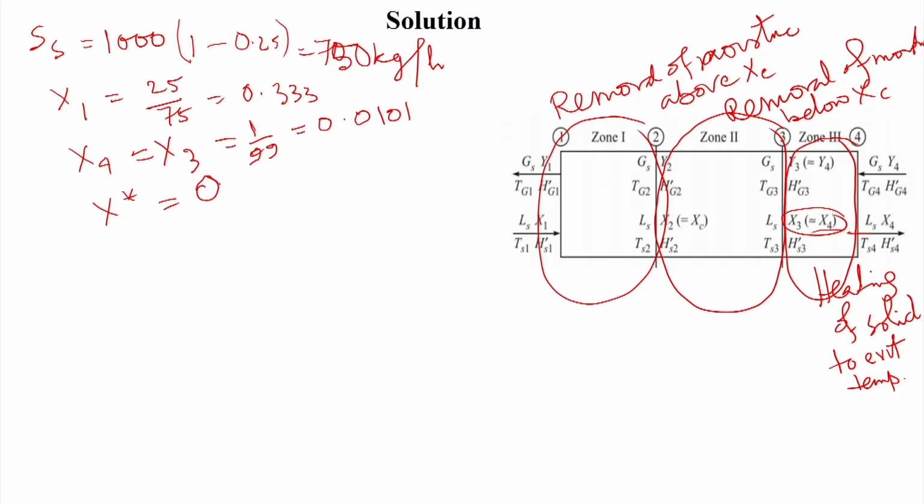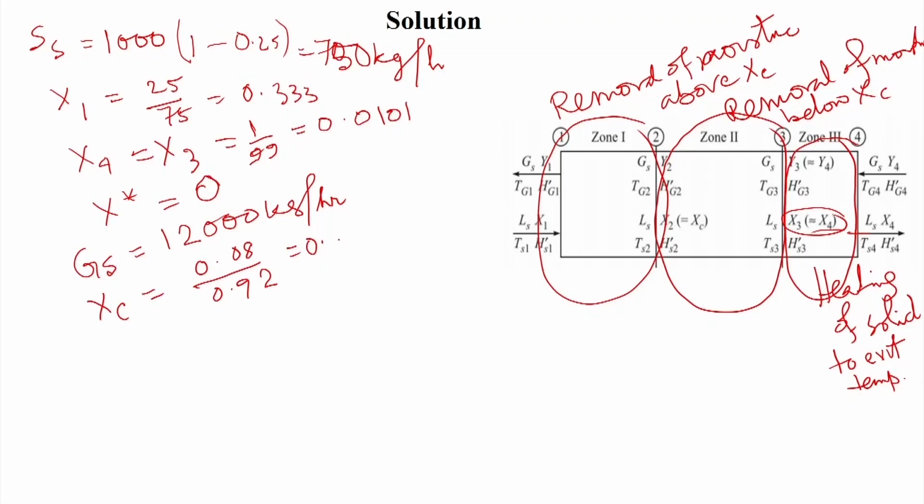So we can assume this as 0. The drying gas flow rate is given as 12,000 kg per hour, and X c is given as 0.08 by 0.92, that is equal to 0.087.